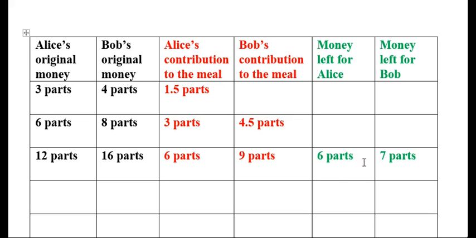Let's go over the numbers one more time. Originally, Alice had 12 parts of money, and Bob had 16 parts of money. Alice contributed 6 parts of the money for the meal, and Bob contributed 9 parts. So after the meal, Alice had 6 parts of money left, and Bob had 7 parts of money left.